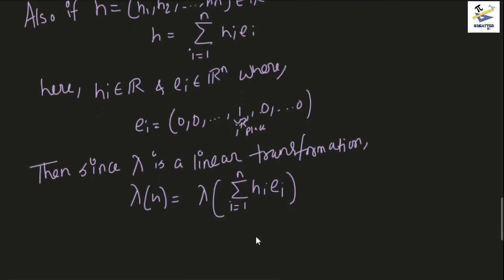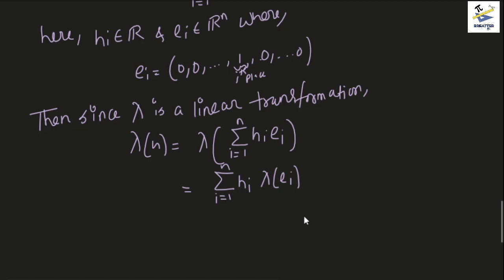that is how lambda of h will be written. Now using the properties of linear transformation, we can write this as well. So lambda of this basis, right?